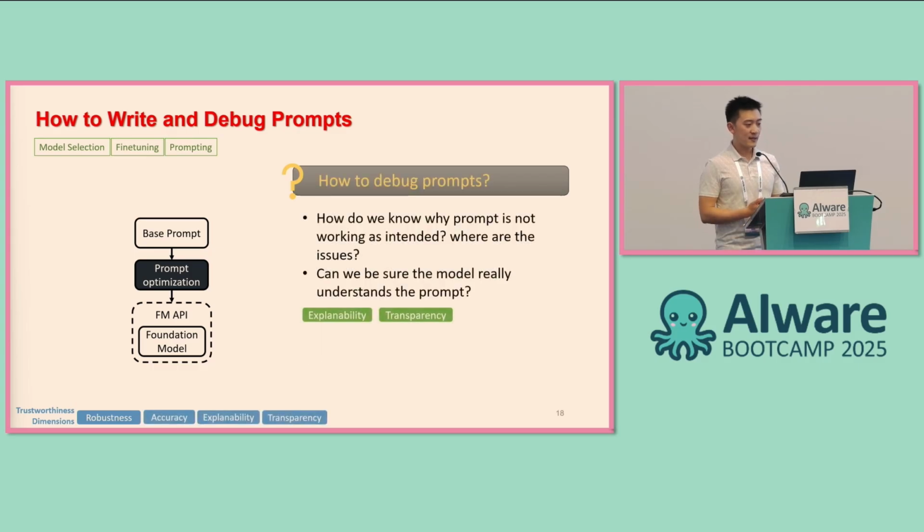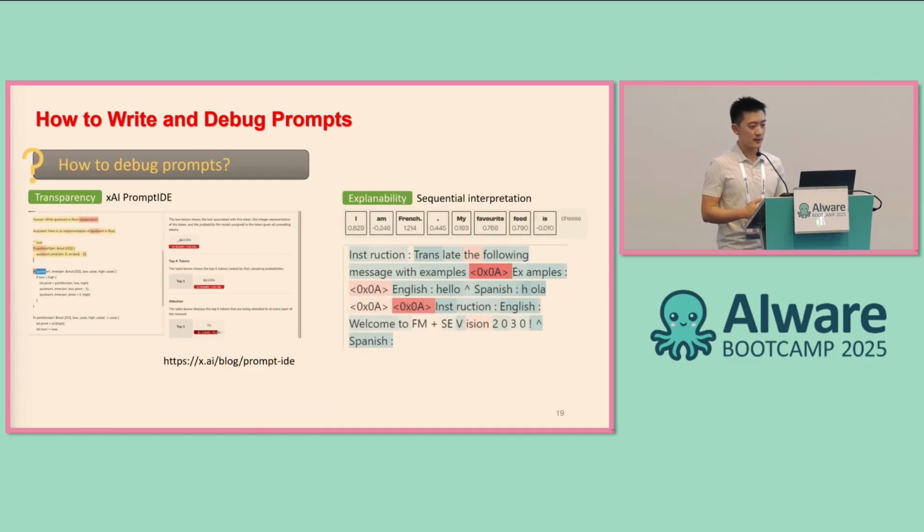And now, once we've tried optimization, we see that there are some issues with your prompt, and you try to debug it, but you don't know why the model made this mistake. That's where the explainability and transparency perspective of trustworthiness comes in. You will see a lot of tools out there that try to solve this problem.